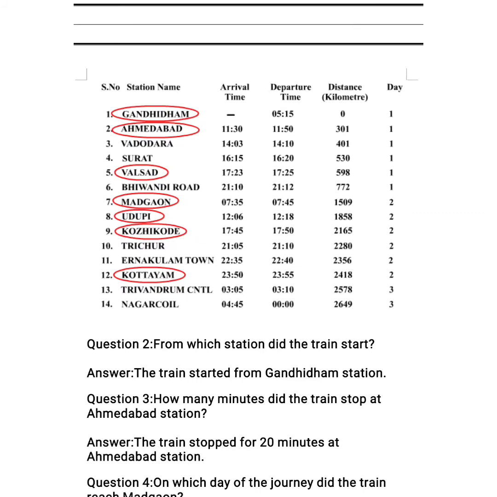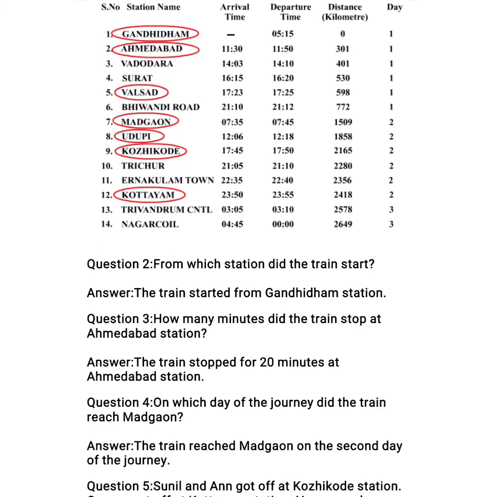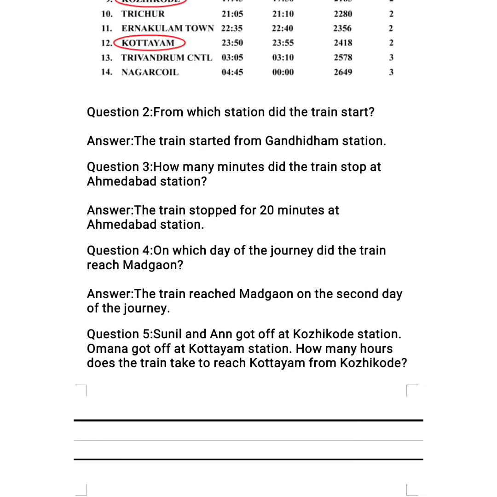Next question, on which day of the journey did the train reach Madgaon? So class, when we were reading the chapter, we learned that on the second day of her journey, the train reached Madgaon. So the answer is, the train reached Madgaon on the second day of her journey. Next question, Sunil and Anne got off at Coimbatore station.